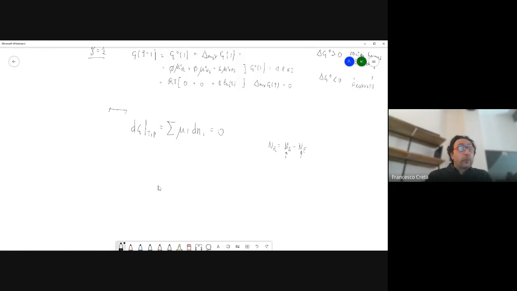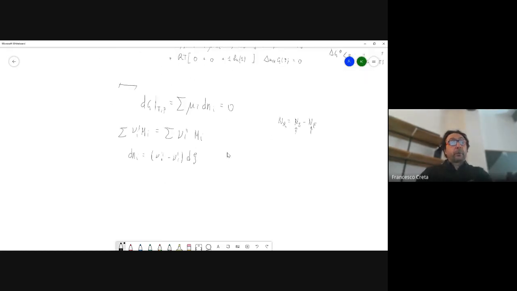So for one generic reaction, which is written as usual like this, we know that we can write d n_i, we wrote it many times, as the difference in stoichiometric coefficients times the differential of the progress variable, okay?